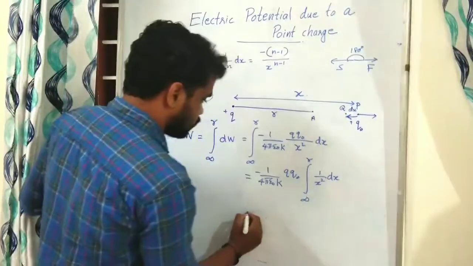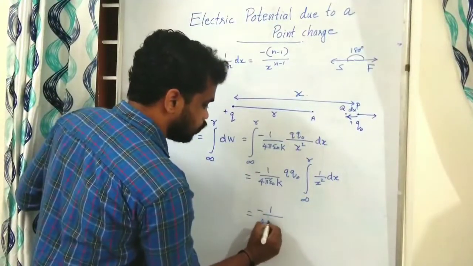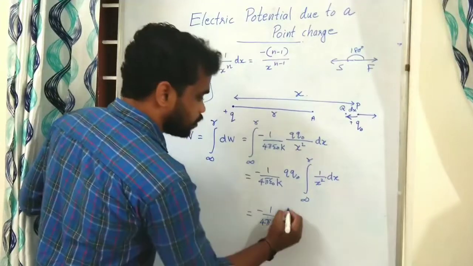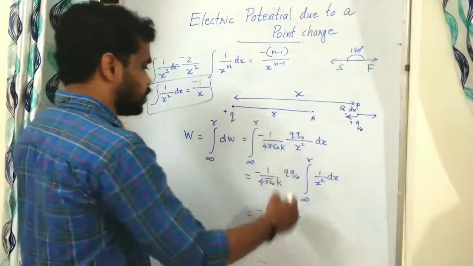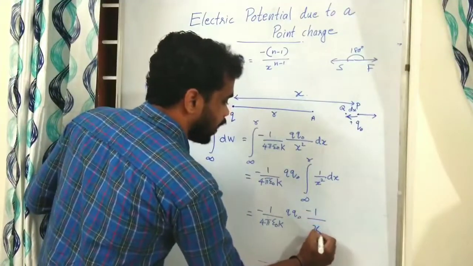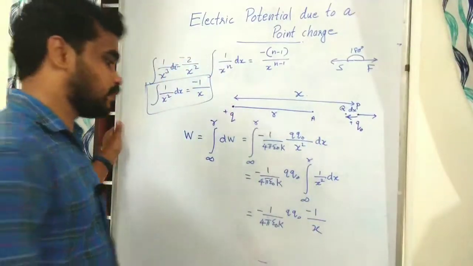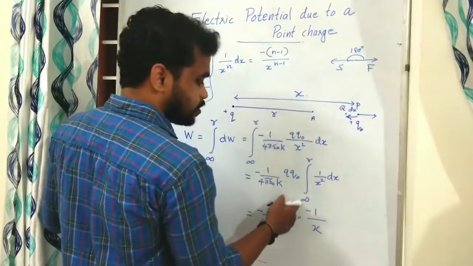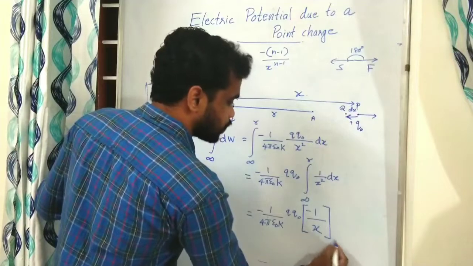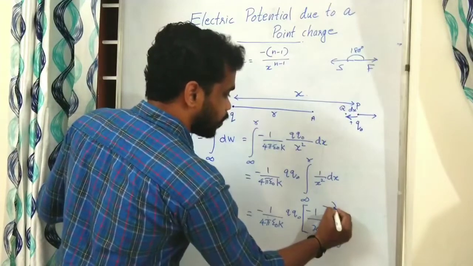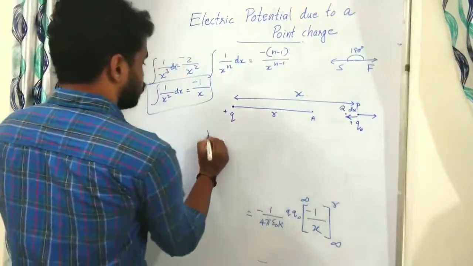Therefore, I am applying here minus 1 by 4 pi epsilon 0 k q0. The integral of 1 by x square is minus 1 by x. Then you have to apply the limits, known as lower limit and upper limit. Put a square bracket, lower limit infinity, upper limit r.